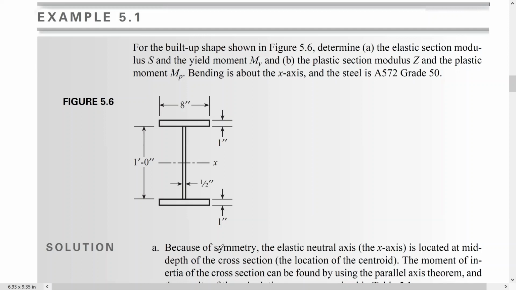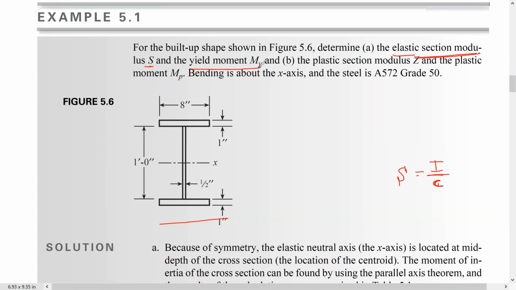and plastic moment. In this example, the problem statement says for the built-up shape shown in this figure, which is this one, guys: First, we need to determine the elastic section modulus, which is S, which is I over Y or C. This is S, the elastic section modulus, and the yield moment.